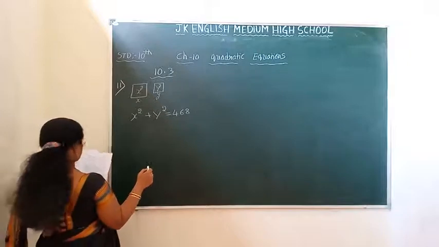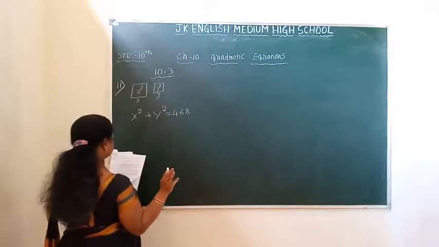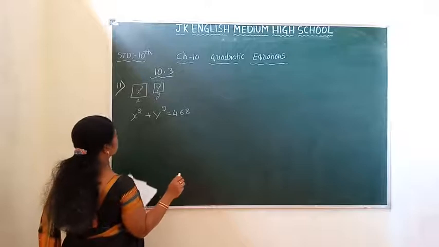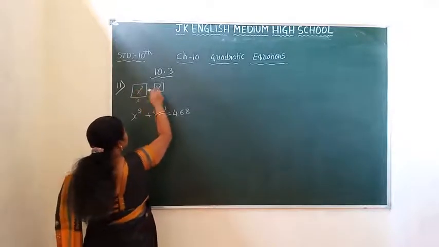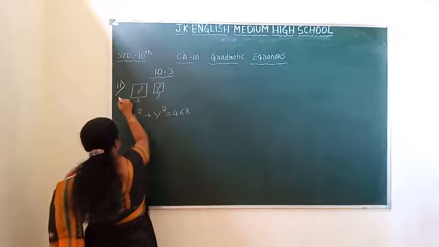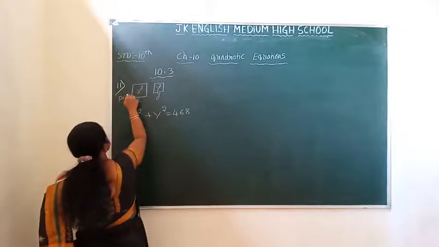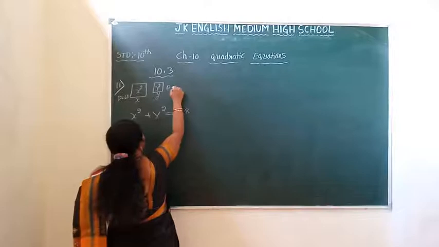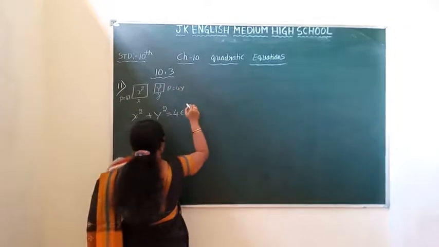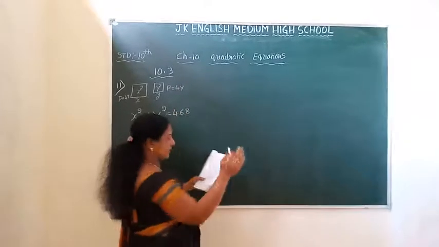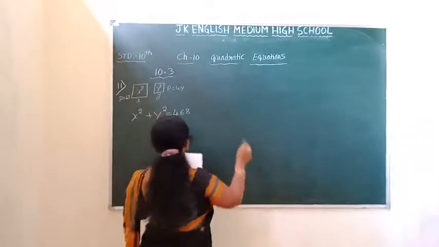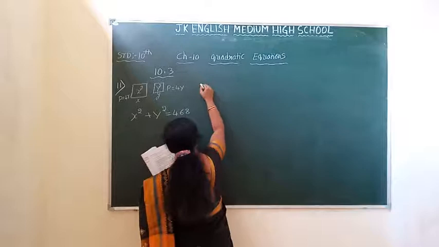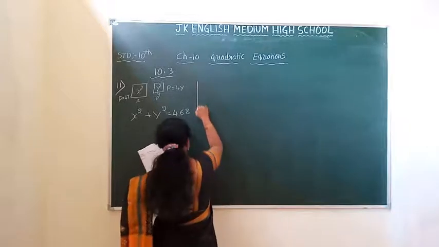If the difference of their perimeters is 24 meters, what is the perimeter of a square, children?